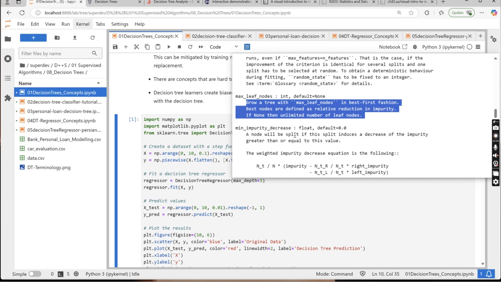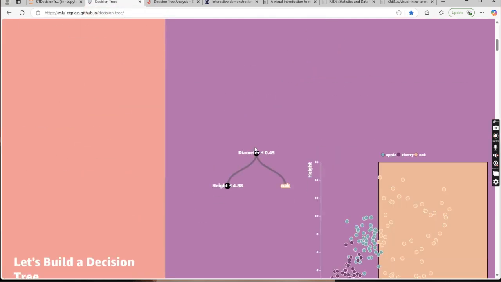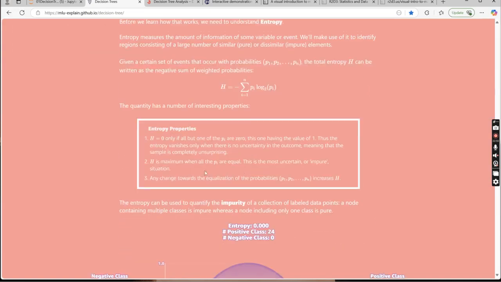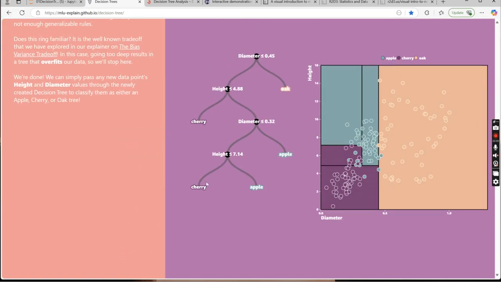So max leaf nodes means, what are leaf nodes? Leaf nodes are the last end-level nodes that have the outcome. If you specify I want to have only 10 max leaf nodes, as soon as it reaches the max of 10 leaf nodes, it will stop, for example. Okay, very simple. So in this case, let's just say this is a leaf node, this is a leaf node, leaf node, leaf node.